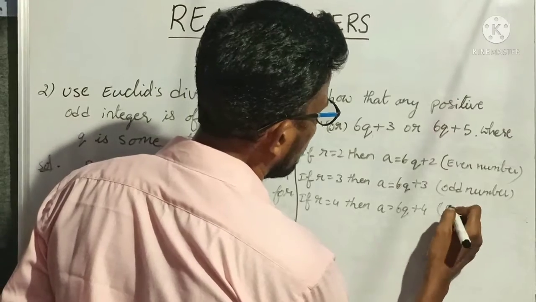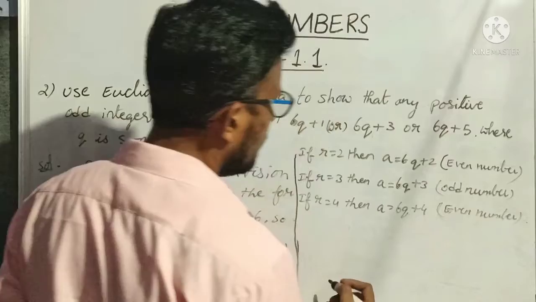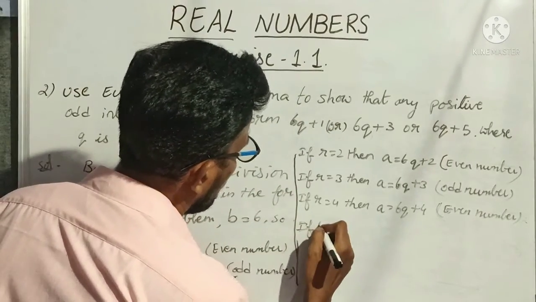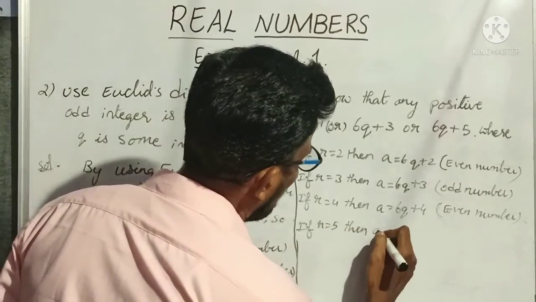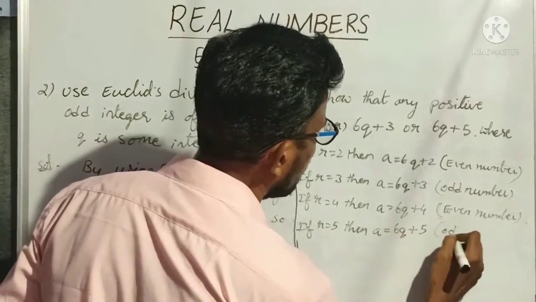This is an even number. Next, last but not least, if r is equal to 5, then a is equal to 6q plus 5. This is an odd number.